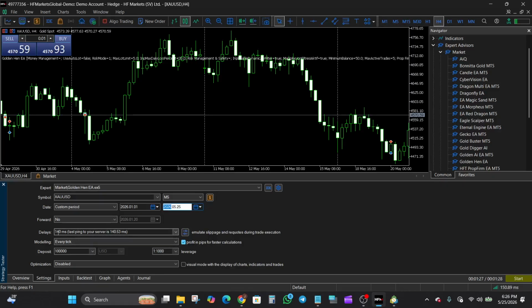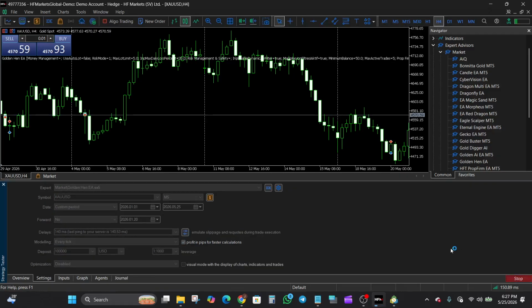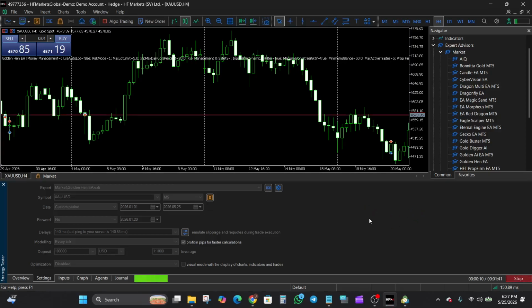For the delays, we're using last ping to the server, everything modeling, and then we're just going to run the test immediately. We're going to look at the chart history, identify a couple of trades, and then go to the results and see how the EA performed over the space of a little less than 5 months.